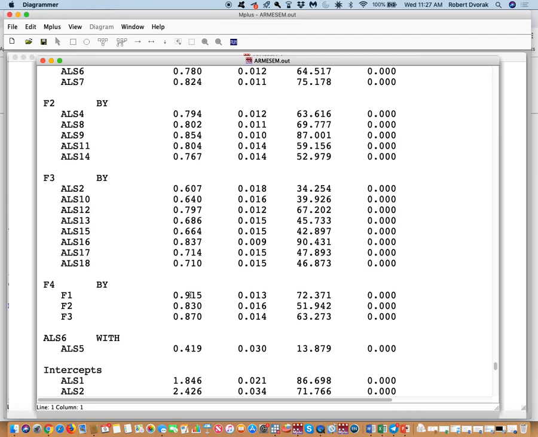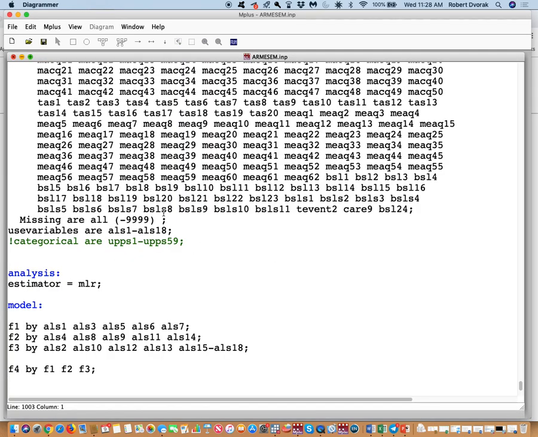There's the possibility of doing something different, which is called a bifactor structure. Have you guys heard of bifactor before? Basically, there are 2 different factors accounting for variance in different observed variables. What a bifactor structure would be, and this you definitely can test, is you would have F4 by all items 1 through 18, right?